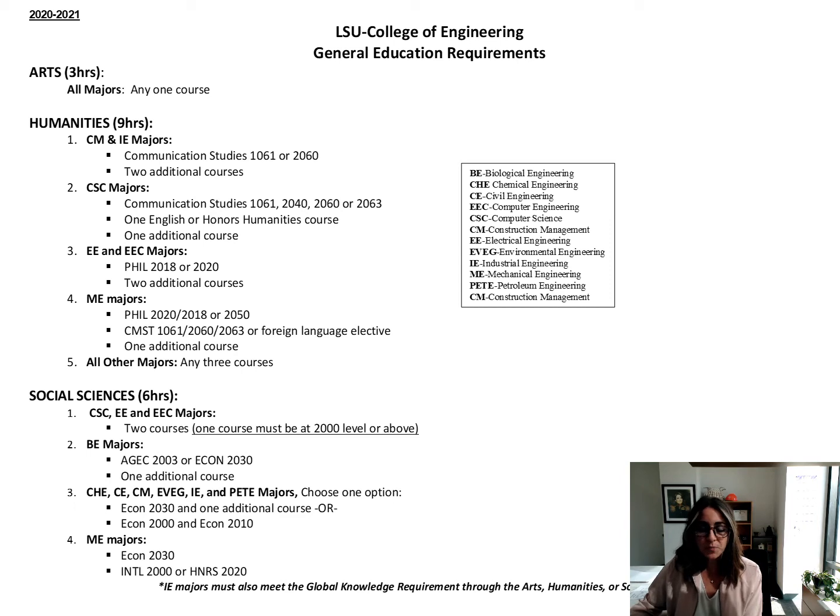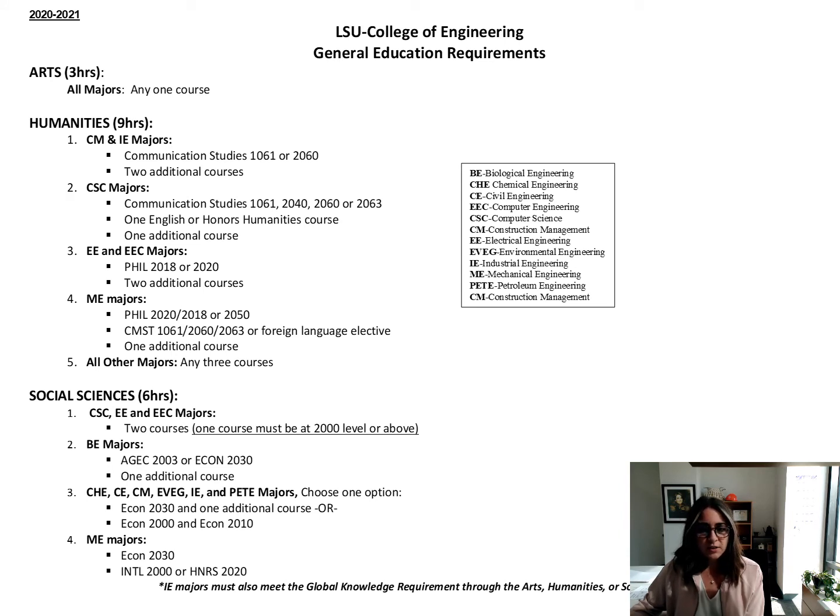The same goes for humanities and social sciences, but for each of the majors, you'll see that some of the majors require very specific humanities. So construction management and industrial engineering require specifically CMST 1061 or 2060. Computer science requires the same, but also in English humanities, and then you get to choose one more to be flexible.